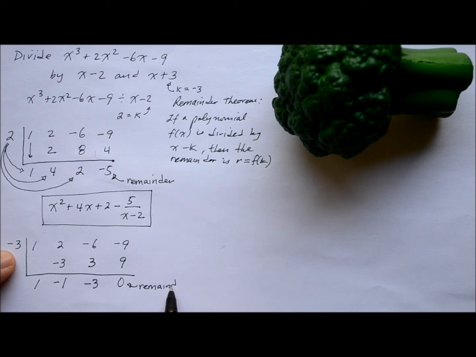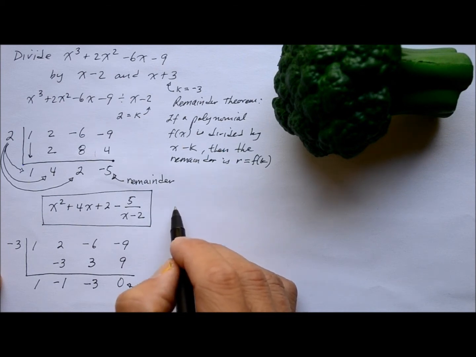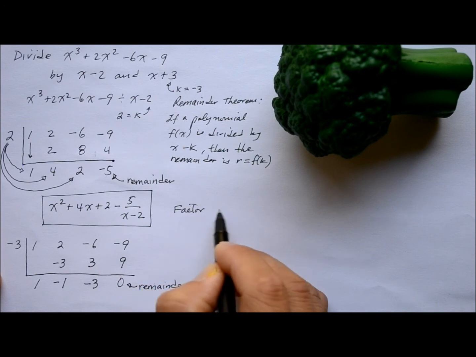Now, you would think we're done, but I want to make you aware of something. When we end up with a remainder of zero, we get what is called the factor theorem.